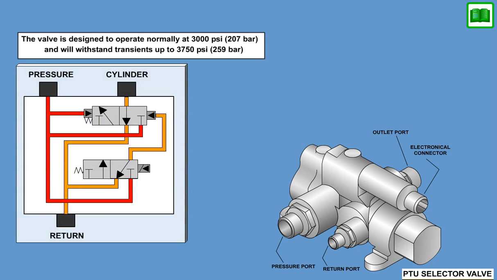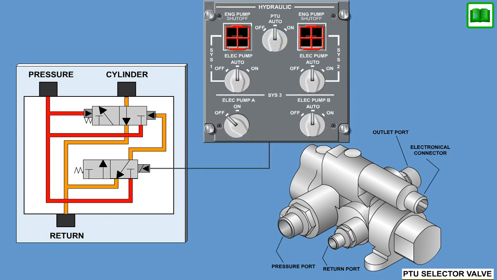The valve is designed to operate normally at 3000 psi, 207 bar, and will withstand transients up to 3750 psi, 259 bar. When the PTU Select valve is energized, pilot pressure and spring force act to move the main control spool to its open position, admitting system pressure to the valve outlet port.